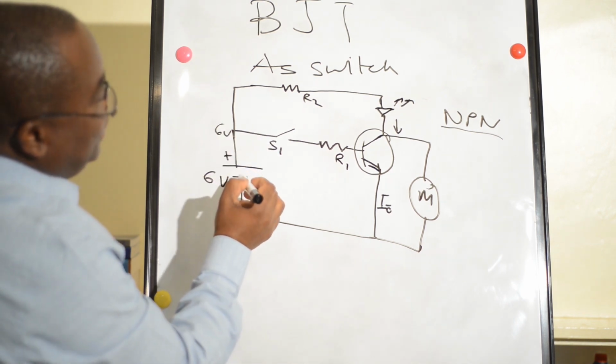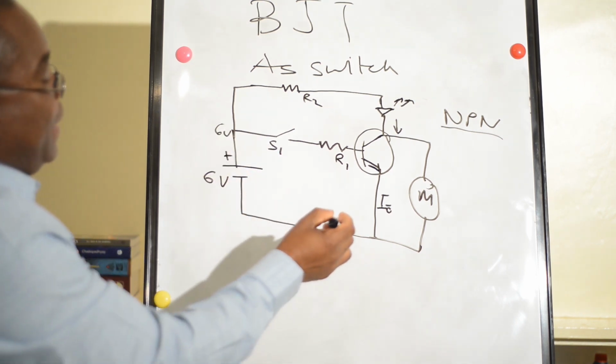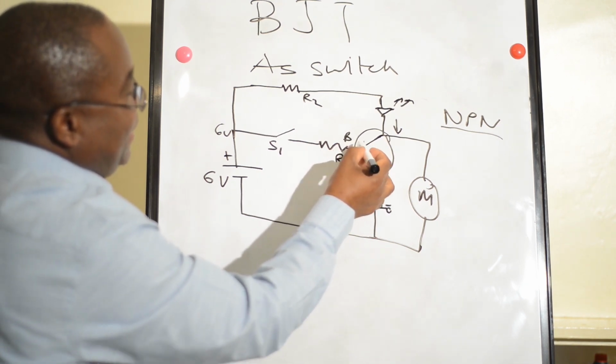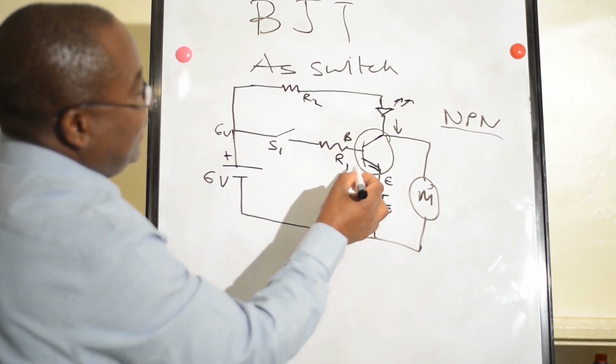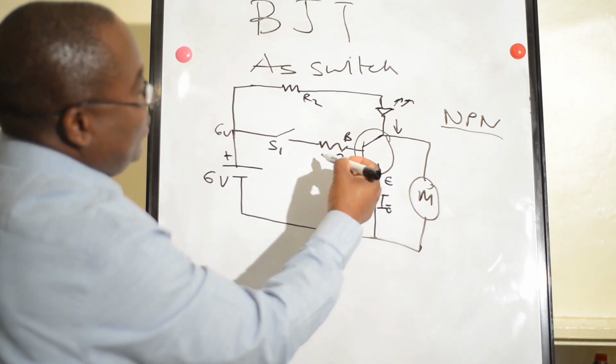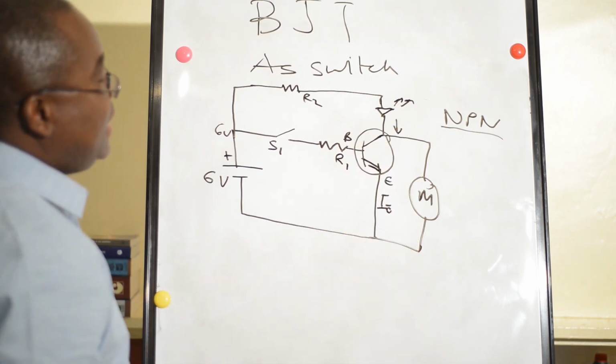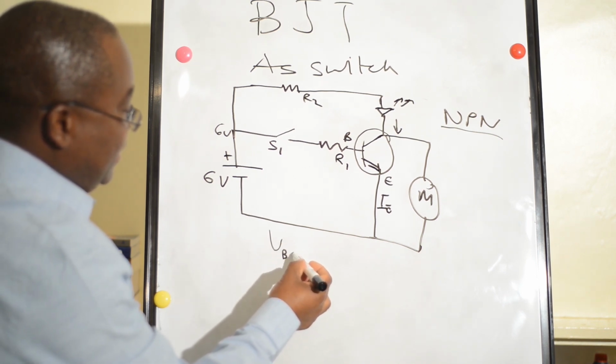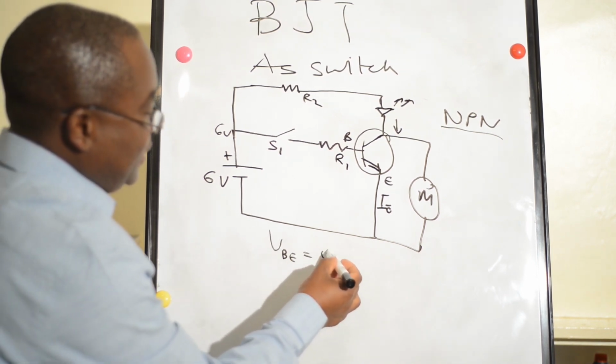This is our switch. For the base emitter voltage, in order for the transistor to allow the current to flow, we need VBE of 0.6 volts.